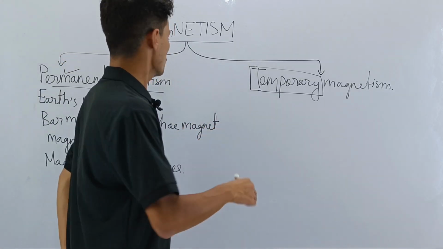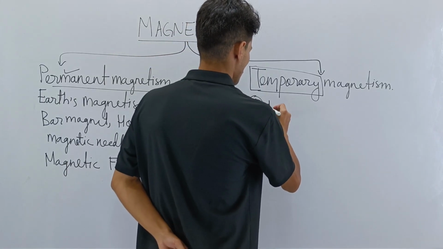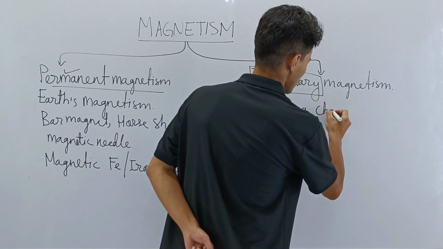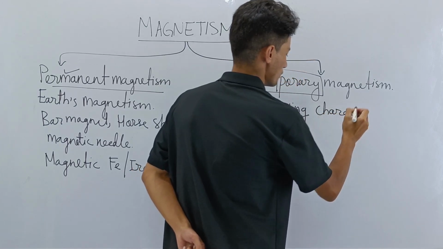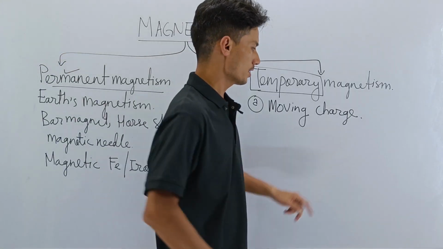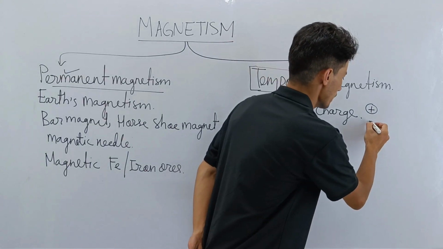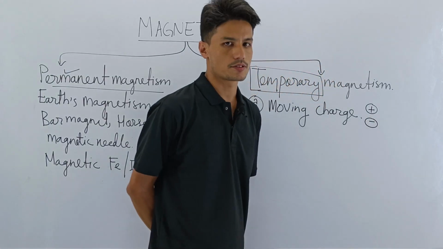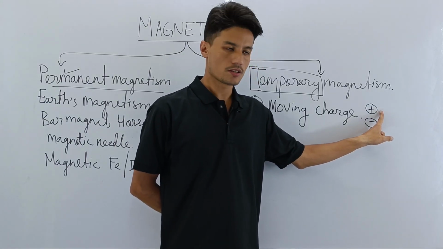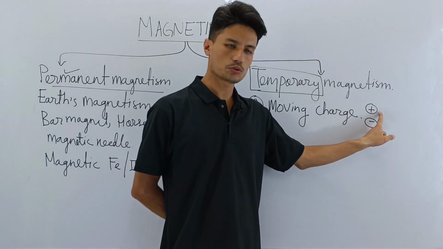What are they? So we have number A, moving charge. Now we know what charges are. A charge can be positive, a charge can be negative. Yes or no? There are only two types of charges. Positive charge is given by a proton.